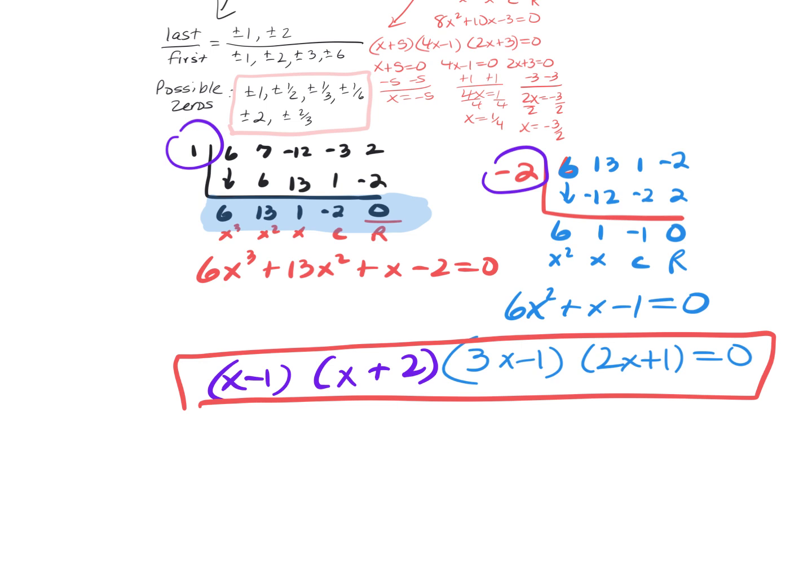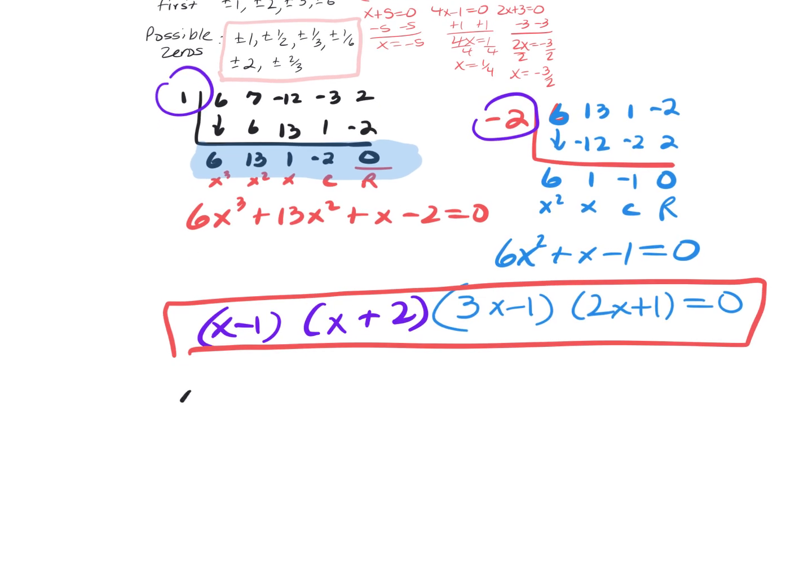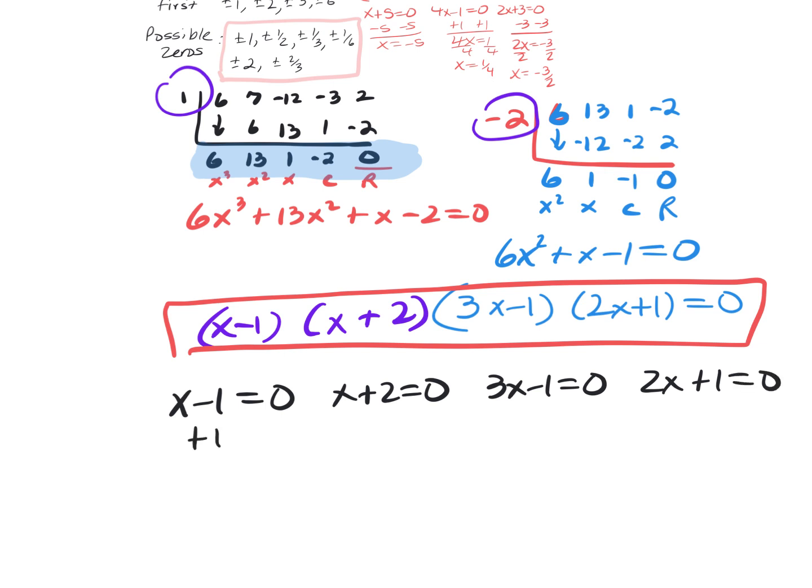But to find the zeros, remember you take each one of the factors, set it equal to 0, and then you're going to solve for x. So I'll set each one equal to 0. The first one gives me that positive 1 that I used for the first synthetic division problem. This one gives me the negative 2 that I used for the other one.